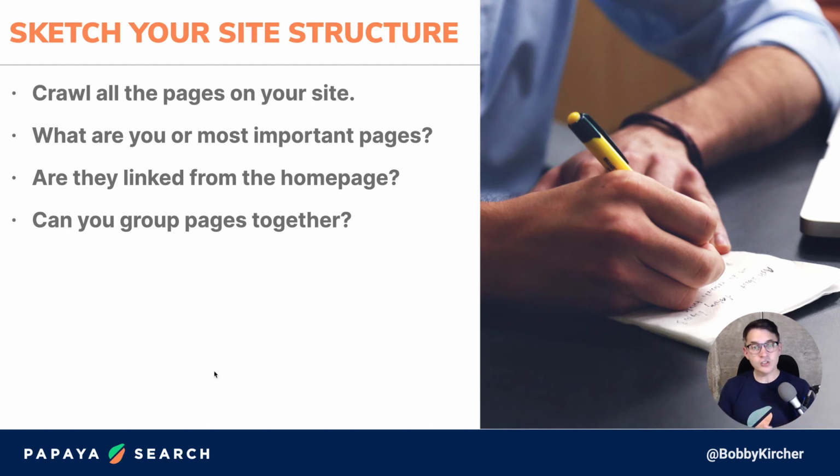Or can you consolidate some of these pages? Do you have 2 pages that have very similar pieces of content, right? They could be competing for the same keyword or keywords. So is it possible to consolidate them and make them better just by merging the 2?